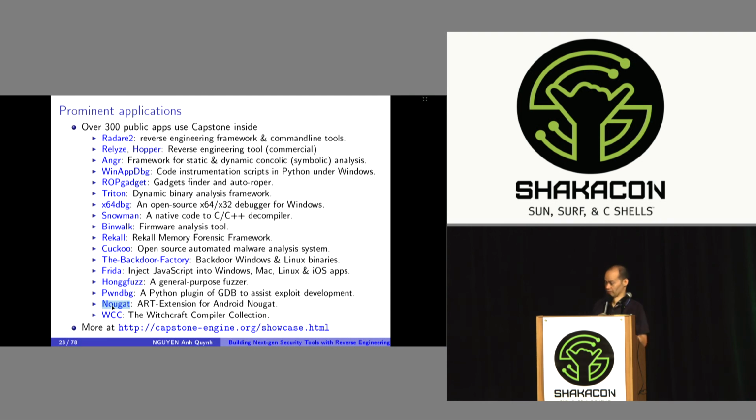And finally, this nice tool coming from Jonathan, named WCC. It's a very special and amazing collection of compiler tools. So for example, you can convert from a Windows binary to a Linux binary, so we can load that and run that Windows binary on Linux. And there are a lot more you can find in the homepage of Capstone.